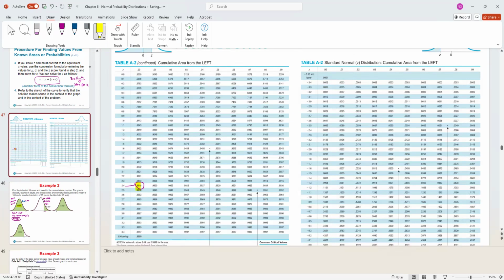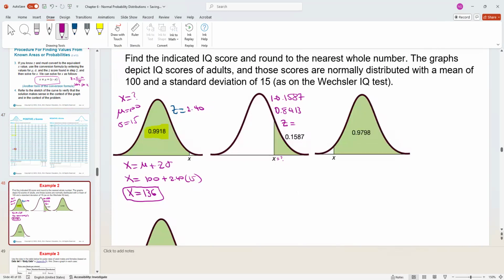Let me put it smaller because it's too big. 0.8413, 84. Is that this one? It's not exactly 1. Yes, it's 1. So Z is only 1.00.